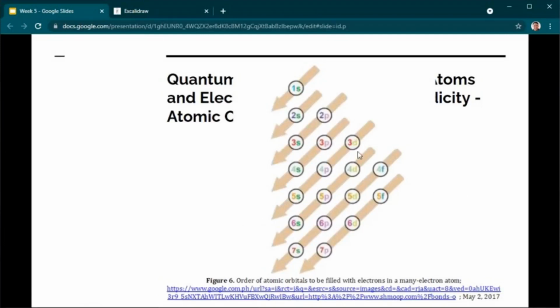Okay, so this is the order in which the electrons fill the atom. So if we have an atom which has so many electrons, like the very heavy ones, the lower part of our periodic table, it has to follow this order. These ones should be filled first.